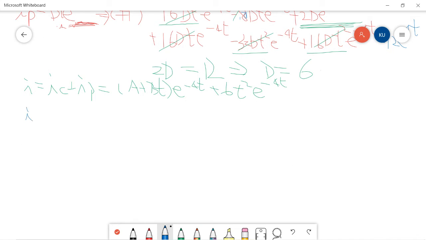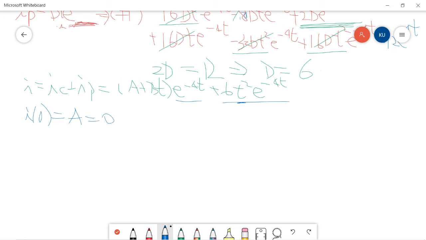So I0 should be equal to A plus Bt, and we substitute t equals to 0. So B times 0 is 0, and this one is 1, this one is 1. And this one is 0 because we have t here.